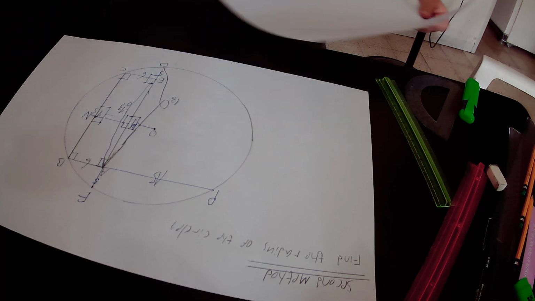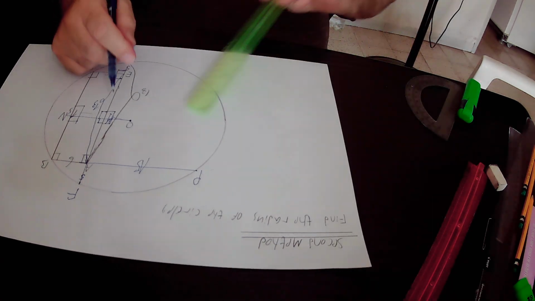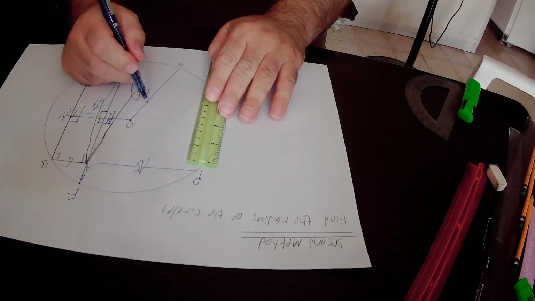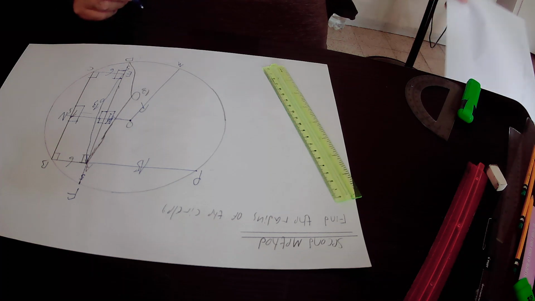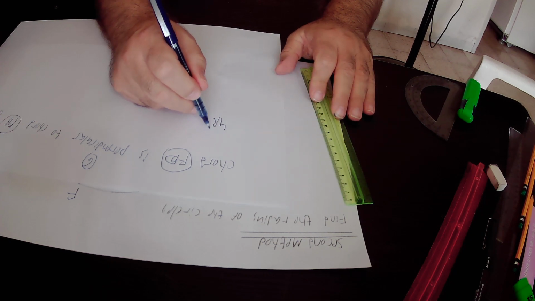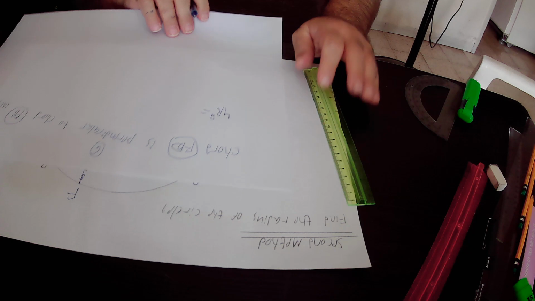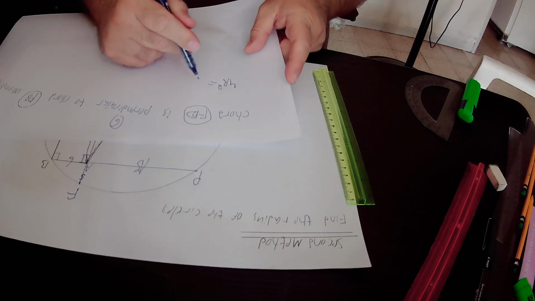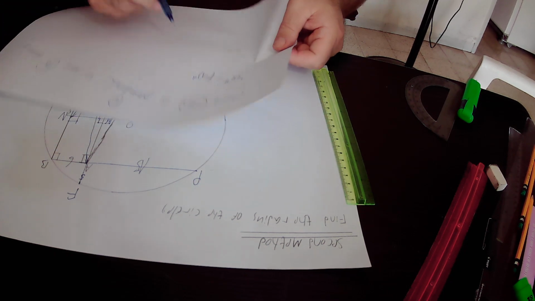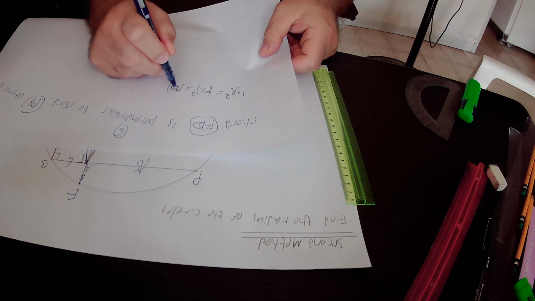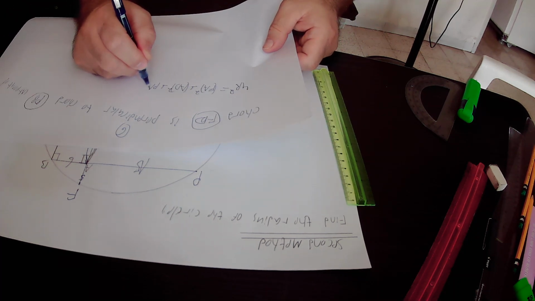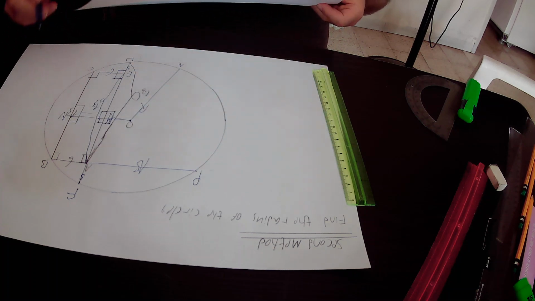Again, we will define the radius of this circle as capital R. Here, point O is the center of the circle. Therefore, OM is the radius of this circle that we will define as capital R. Therefore, according to rule number 4, 4 times capital R squared equals FA squared plus AD squared plus PA squared plus AB squared.